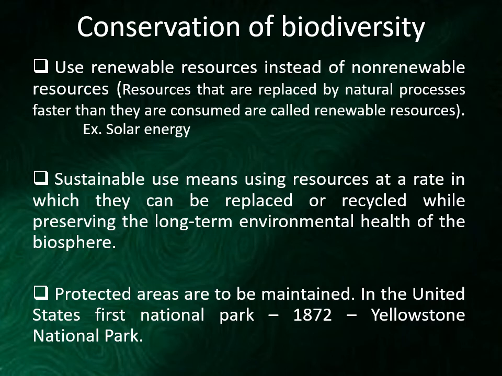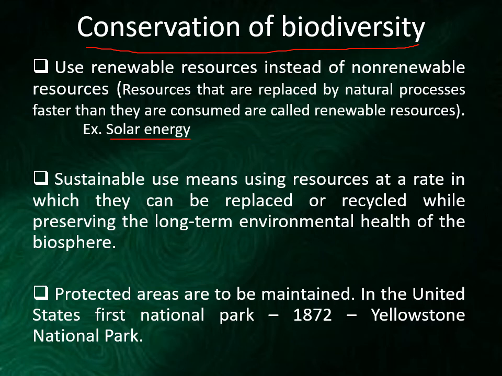So after knowing this situation, we are trying to conserve the biodiversity, and for that we take several measures, such as use of renewable resources instead of non-renewable ones. We use those energy sources which we can renew day by day, and thereby the environmental pollution becomes low.